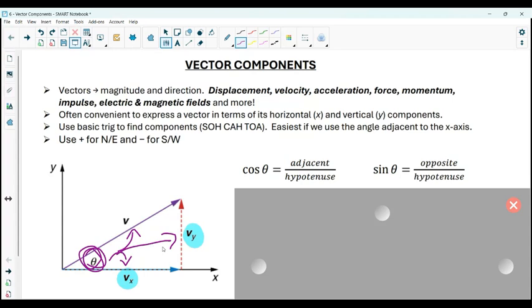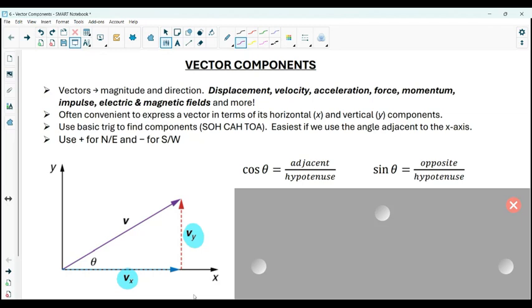So for cosine, it looks like I'm dealing with the adjacent side. That's my x component in this case. It's adjacent, and my hypotenuse. And for sine, I'm dealing with my opposite and my hypotenuse. So sine is always going to be associated with my y component, and cosine is always going to be associated with my x component.